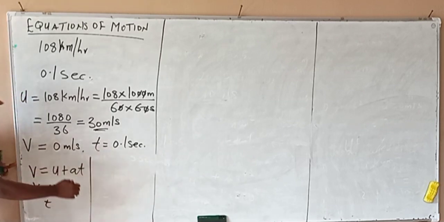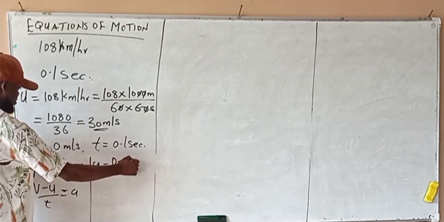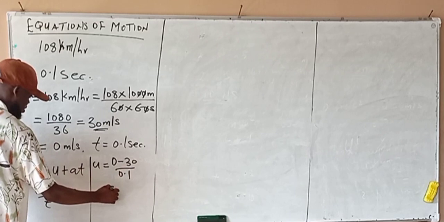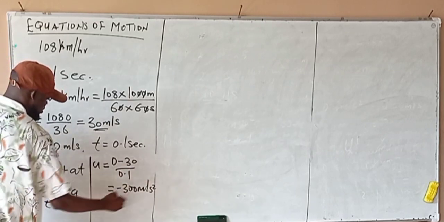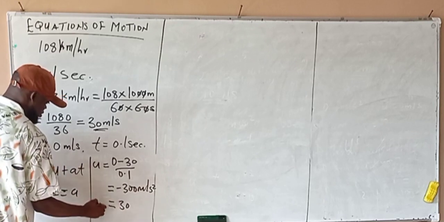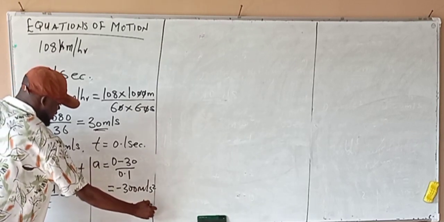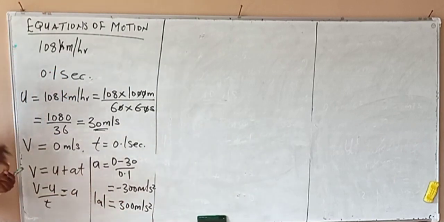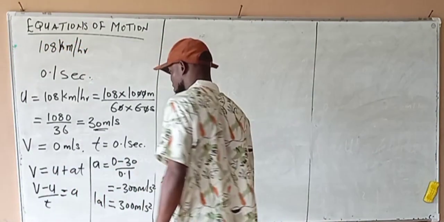That gives us a equal to 0 minus 30 over 0.1, which is equal to minus 300 meters per second squared. The magnitude is 300 meters per second squared. This is not accelerating upward, it is decelerating.